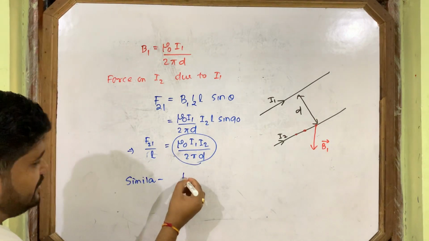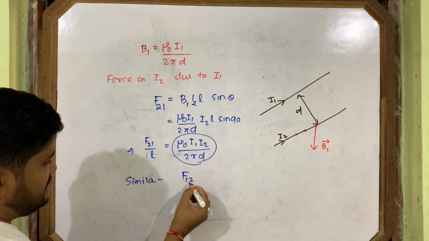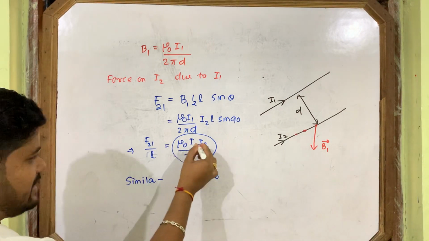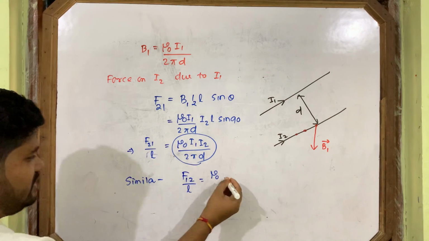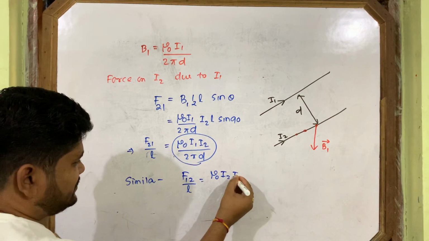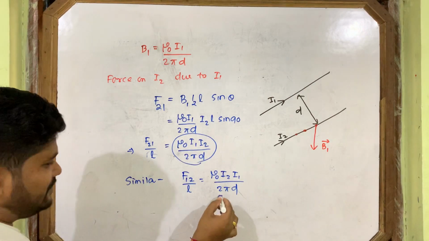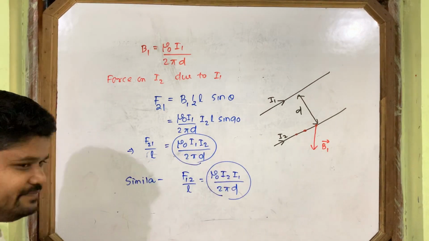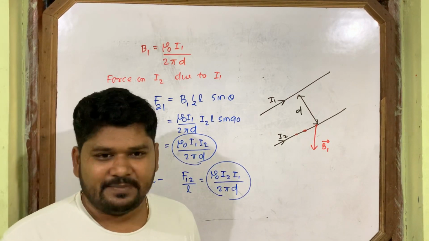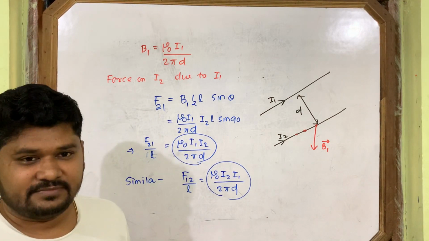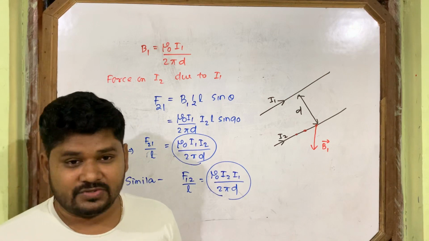Similarly here, force on 1 due to 2 per unit length: if we do it, then I1 and I2 will just be interchanged. So this will be mu naught I2 I1 by 2 pi d. Both expressions are the same, meaning both conductors apply the same force on each other because it's a mutual force.